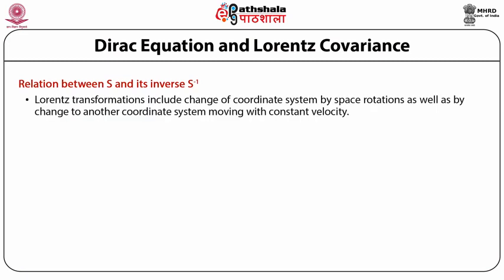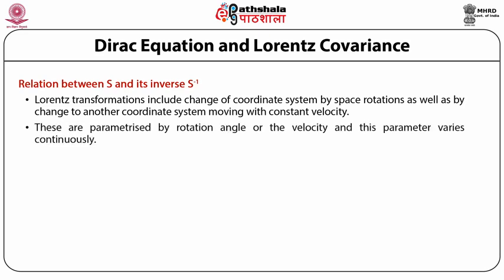Lorentz transformations include change of coordinate system by space rotations as well as by change to another coordinate system moving with constant velocity. These are parameterized by the rotation angle or the velocity, and this parameter varies continuously.